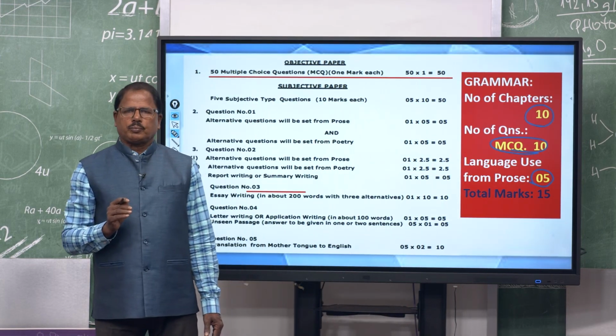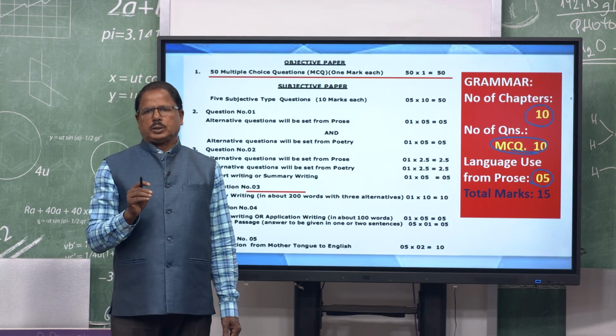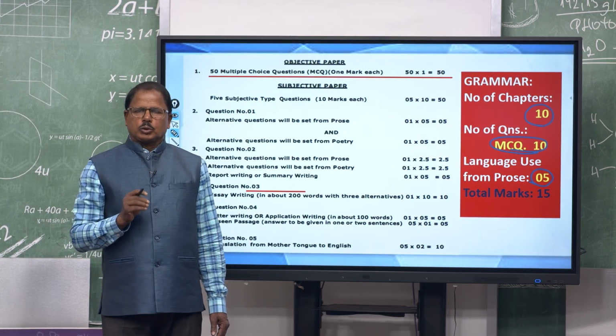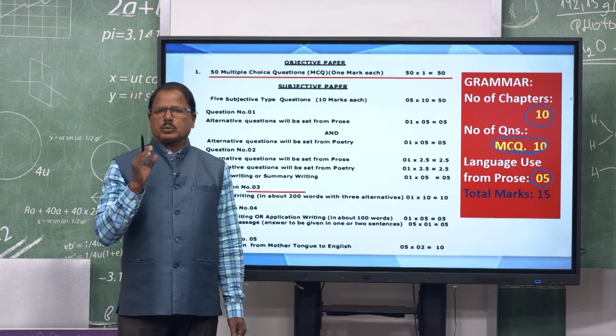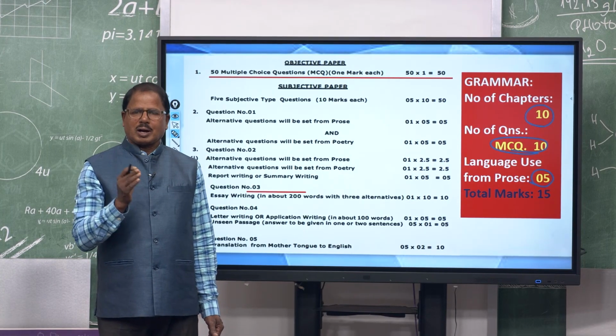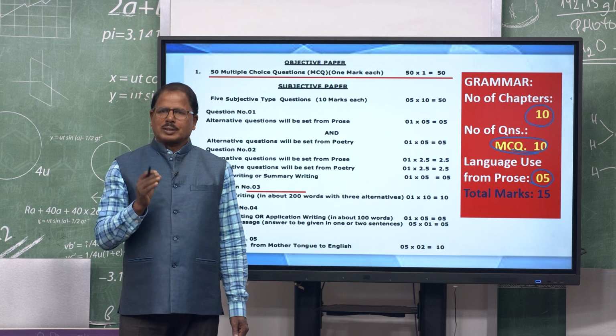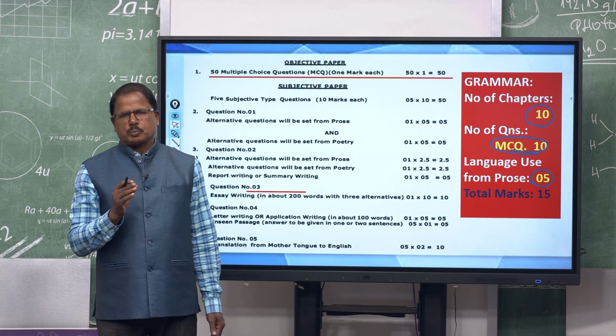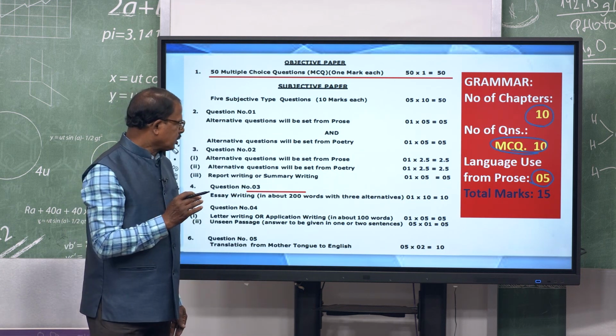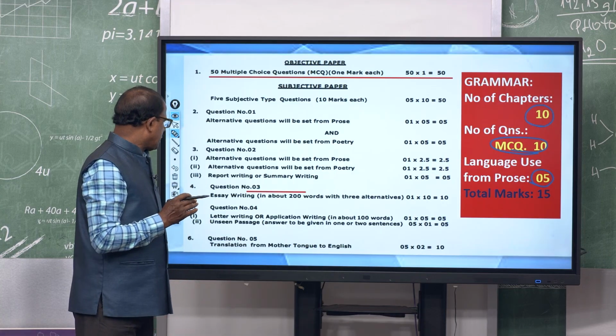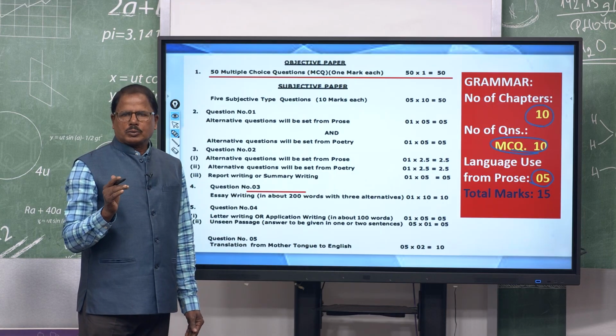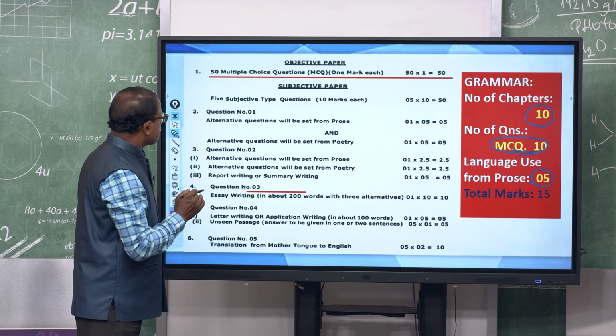You have 5 topics in the prose section. So, you can get 5 questions from language usage and 10 questions from your grammar book, right. This is about the distribution of marks specially allotted for grammar, right.